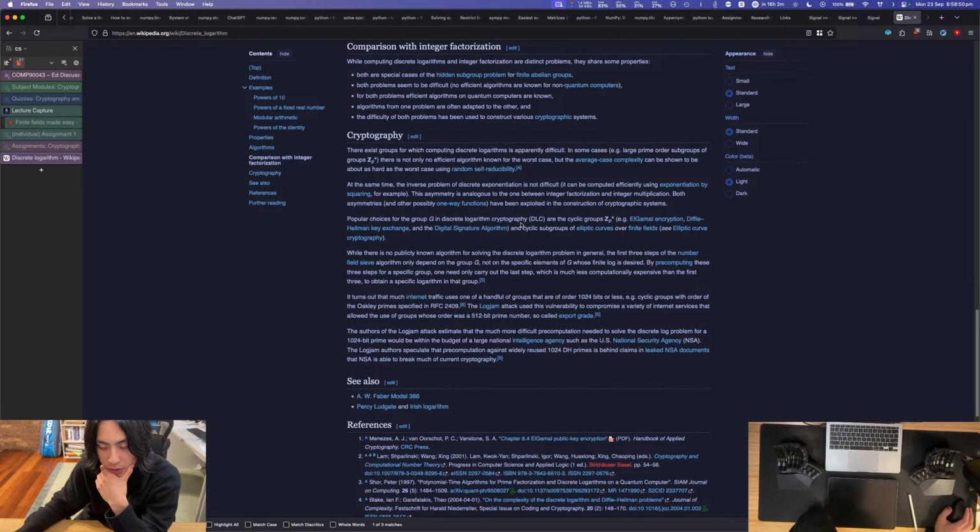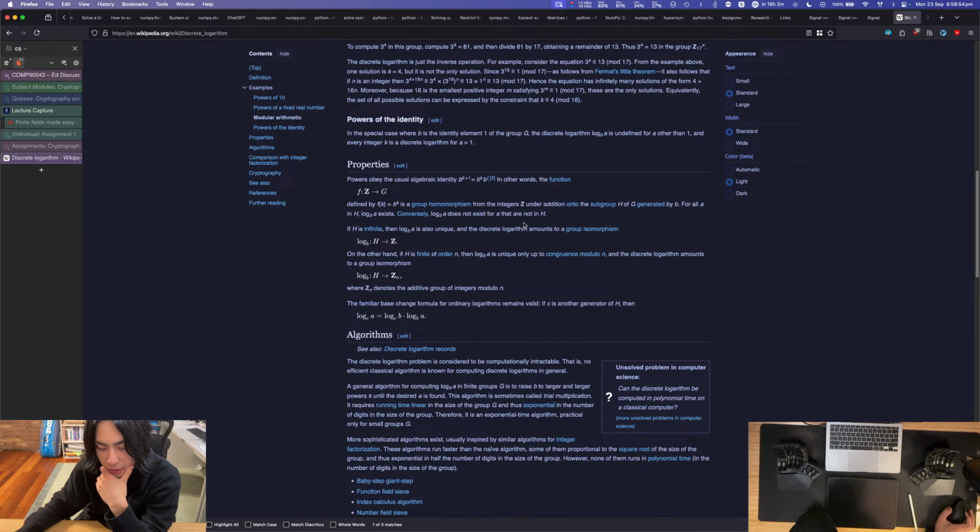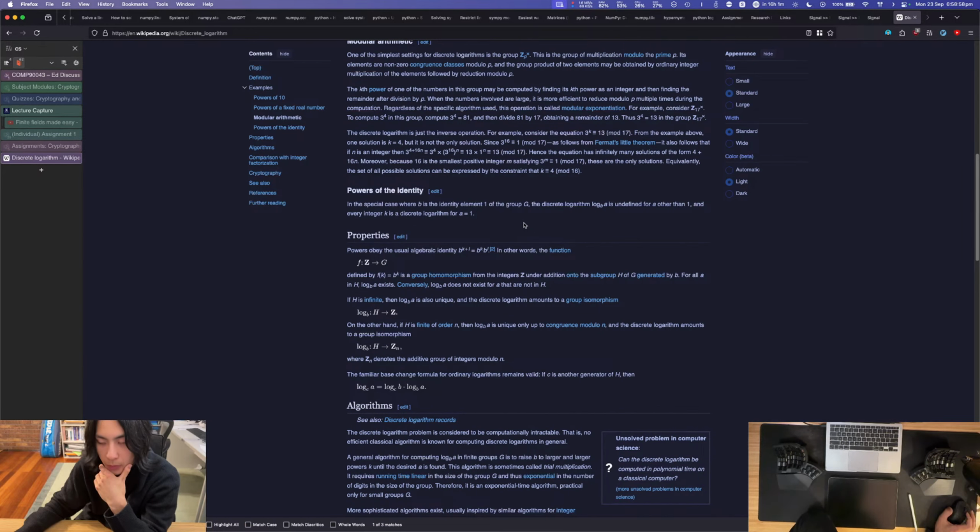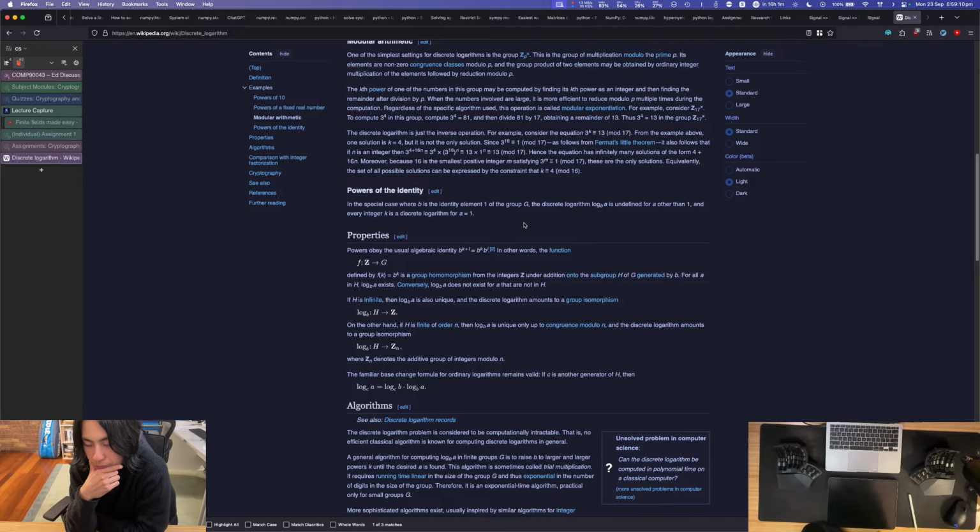The hardness assumption being that it's computationally difficult to find the power of the primitive root that breaks the public key, that breaks the private keys.